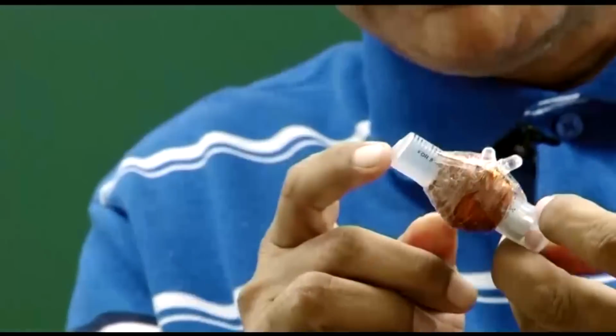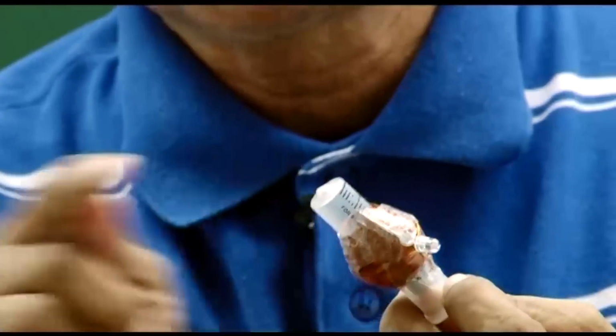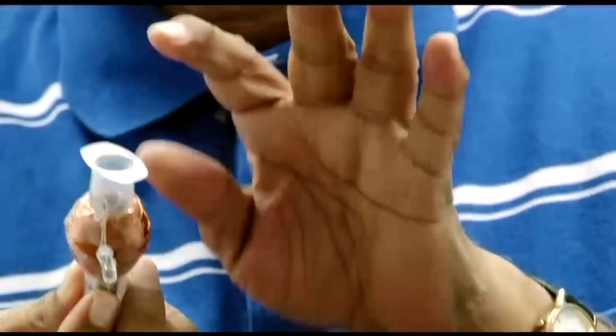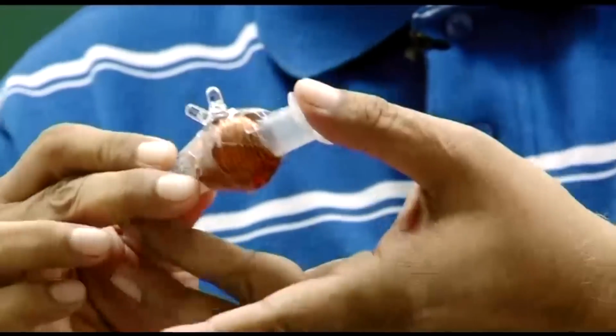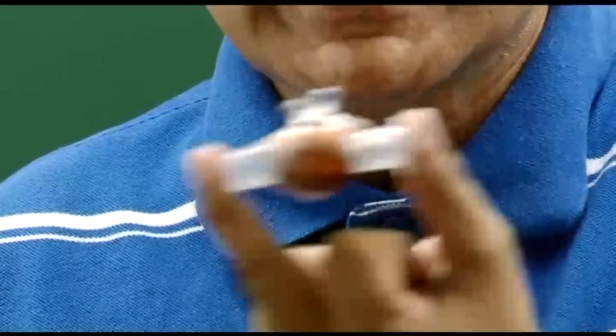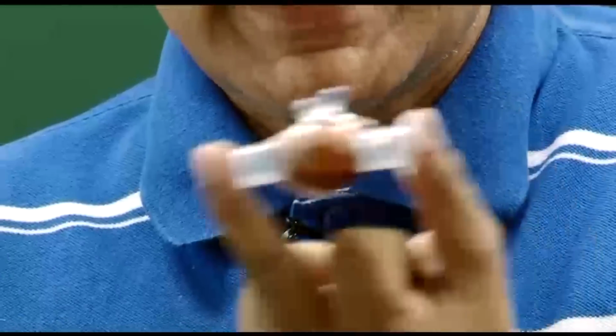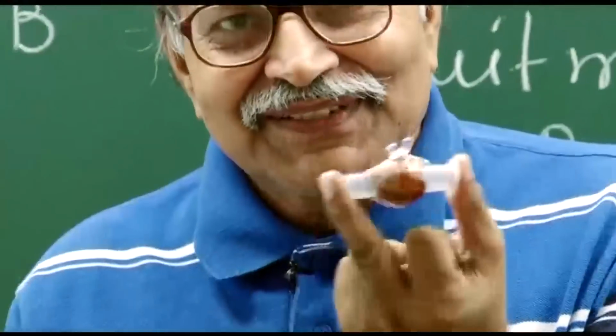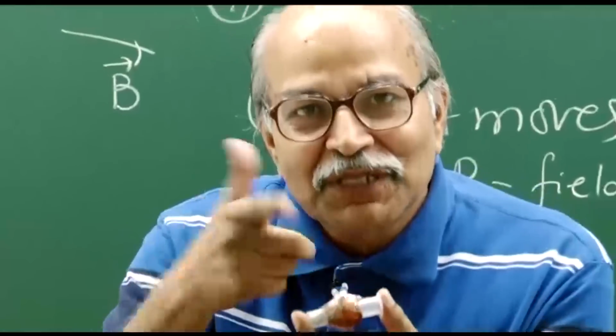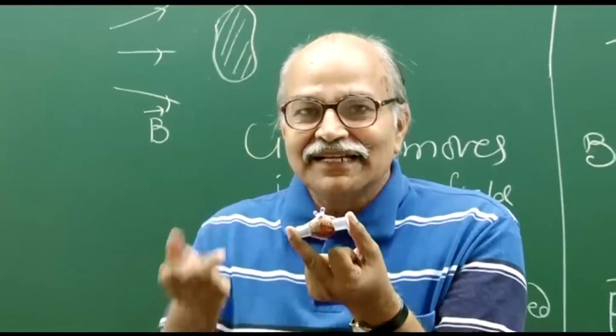On the other side, the magnet cannot come out, and this side I will close with my thumb, and then I will move it. As I move it, the magnet is moving inside this, and the coil is also moving. So, there are both motions together relative to each other.